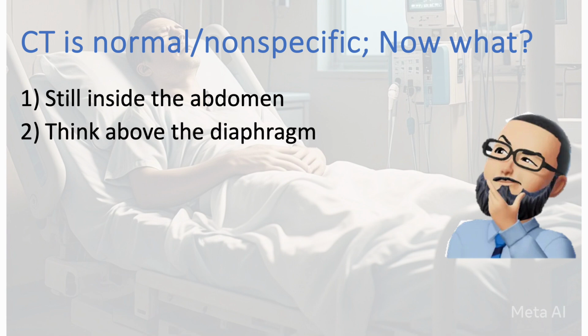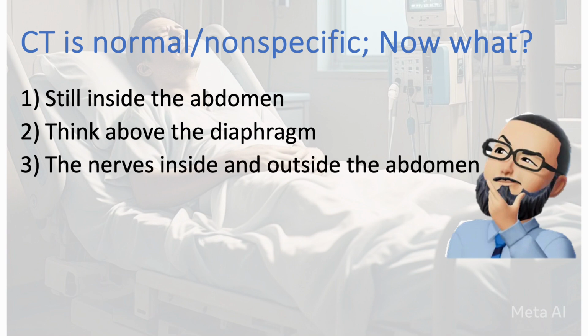Maybe the source of the pain is not inside the abdomen, maybe it's outside. Especially in the hospital setting, for me as a hospitalist, it's important to rule out important diagnoses above the diaphragm, including heart and lung pathologies. That's always in my mind when someone is coming in with upper abdominal pain.